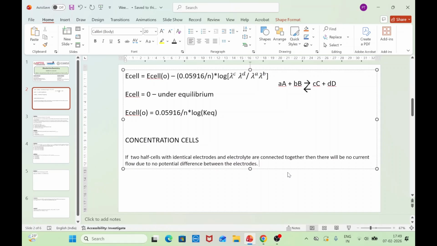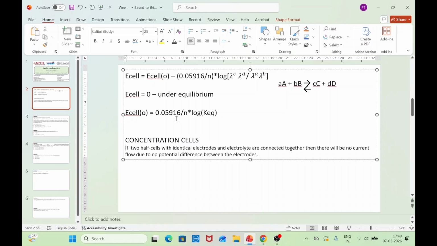So if I vary the concentration of the electrolyte in the half cells, will I be able to create a small potential difference across them? Yes or no? You can use the Nernst equation that I have written above and try to come up with an answer.